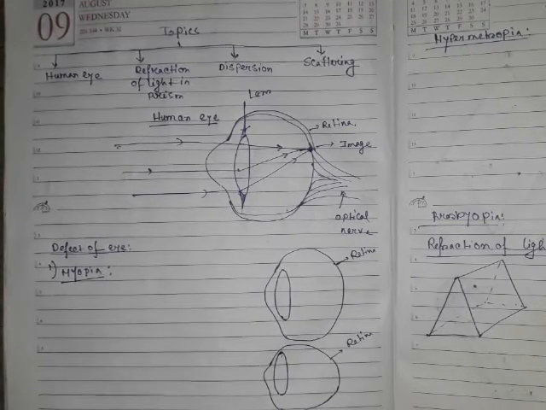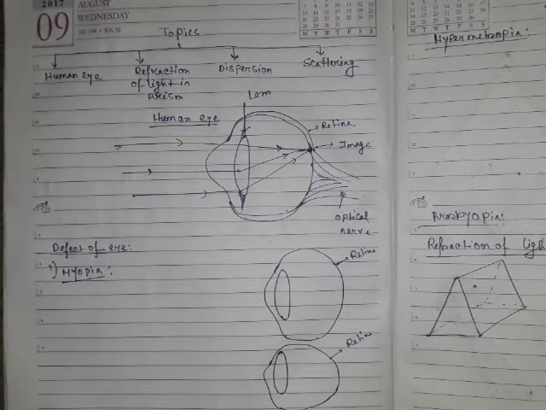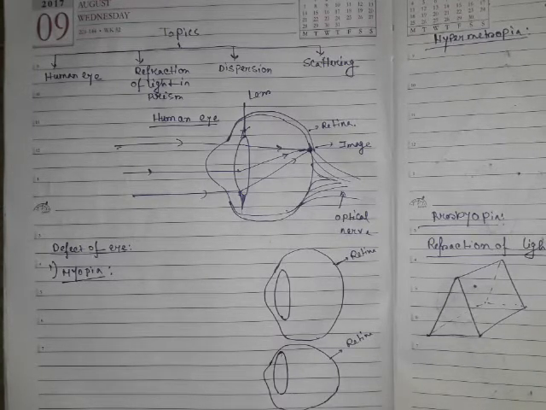Let me explain it briefly. We are talking about the ciliary muscle and the lens of our eyes. The lens of the human eye is full of some fluid, and the focal length mainly depends on the curvature of the lens. The ciliary muscle changes the curvature of the lens.